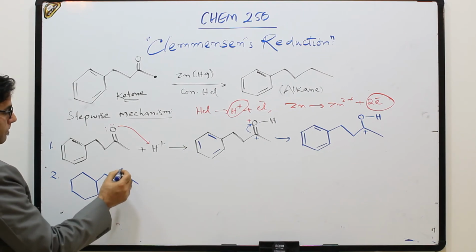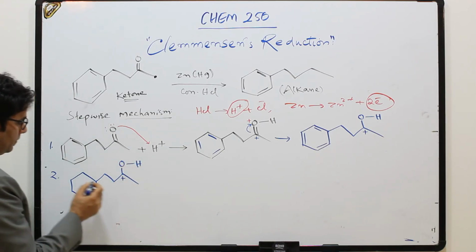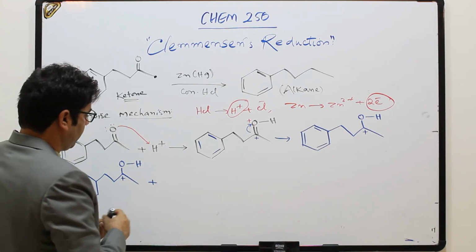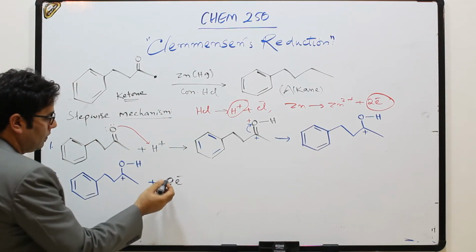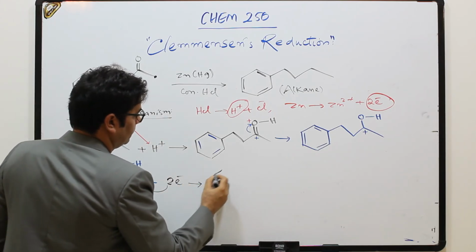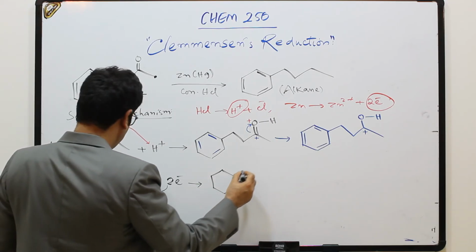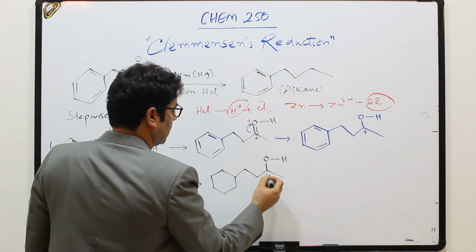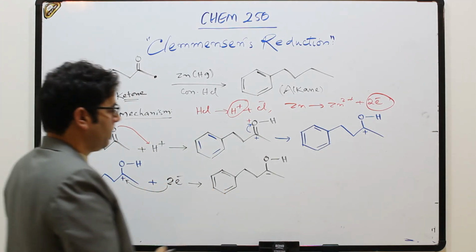In step number 2, I will take this molecule now, plus 2 electrons. 2 electrons from zinc will attack this carbon. Here will be a minus charge because of these 2 electrons.